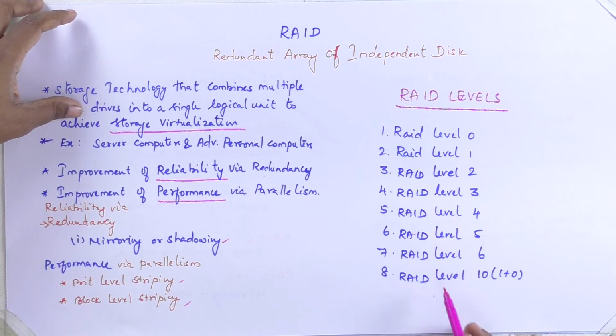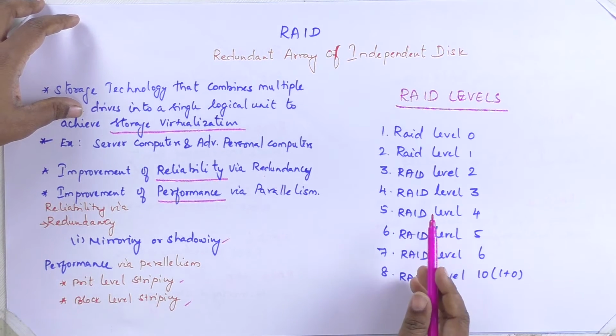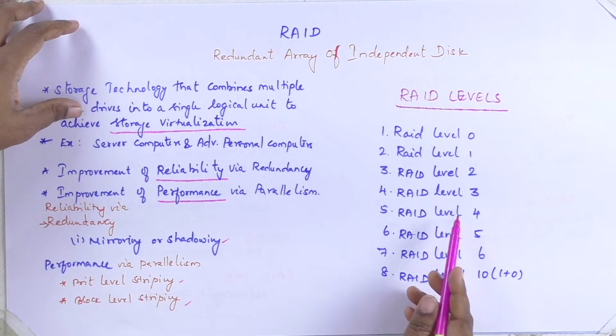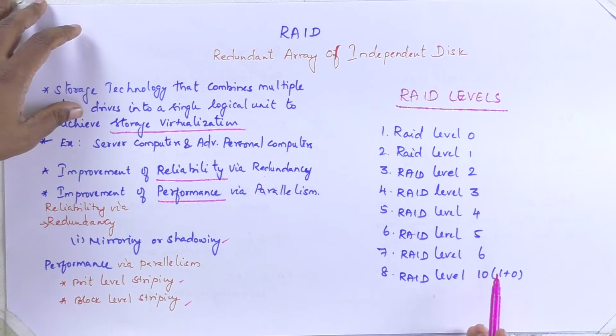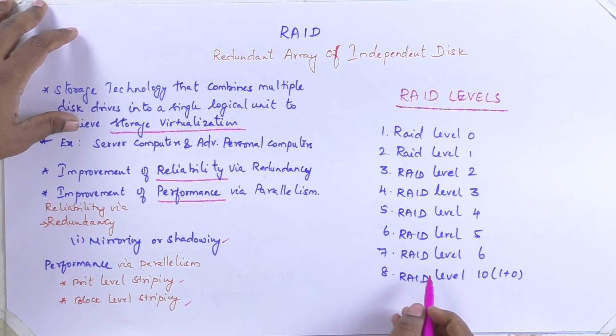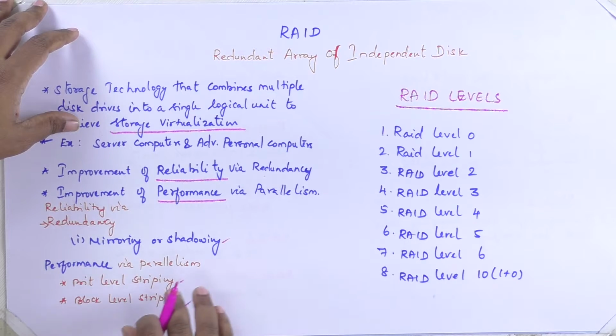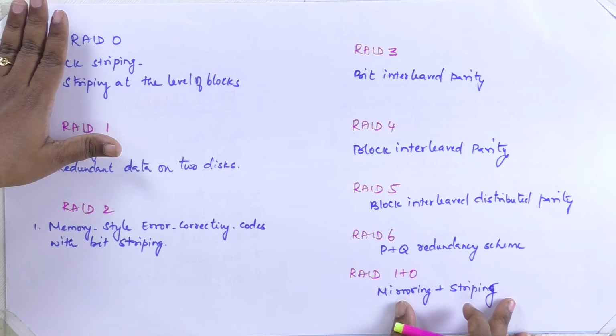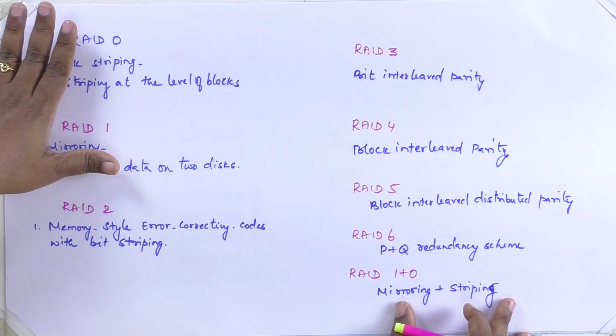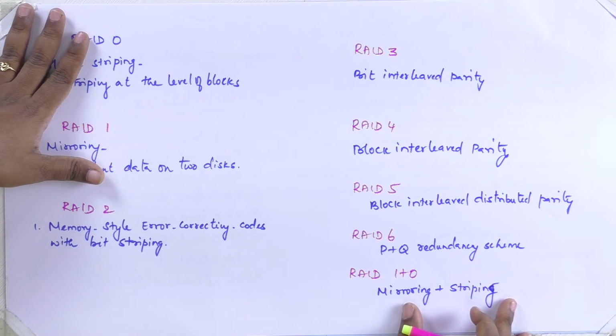There are 8 levels of RAID that we have: RAID 0, RAID level 1, 2, 3, 4, 5, 6 and 1 plus 0. So these are the different RAID levels that we have. Let us discuss each one of these. As we have already seen, to improve reliability we go for redundancy, and to improve performance we go for parallelism.